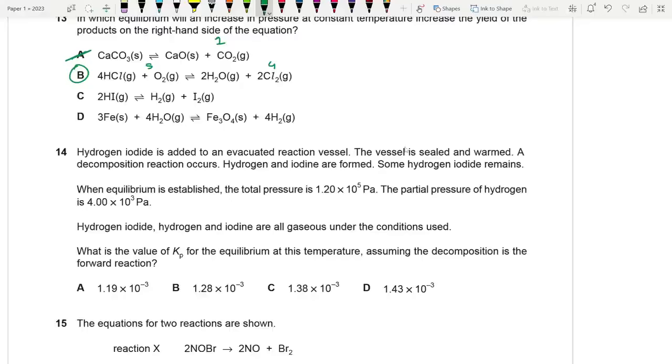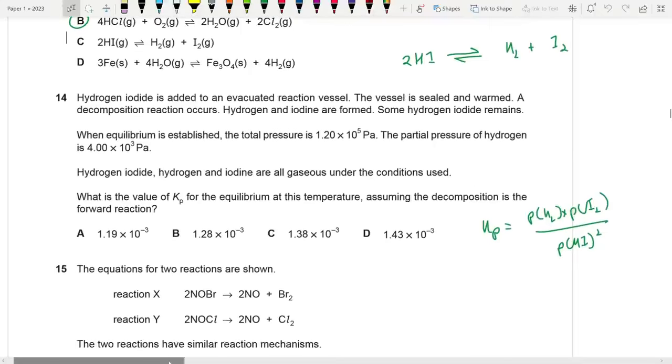Okay, so hydrogen iodide decomposes to form hydrogen and iodine. Now, all of them are present. Now, the formula for Kp is going to be the partial pressure of H2 times the partial pressure of iodine divided by the partial pressure of HI whole square.